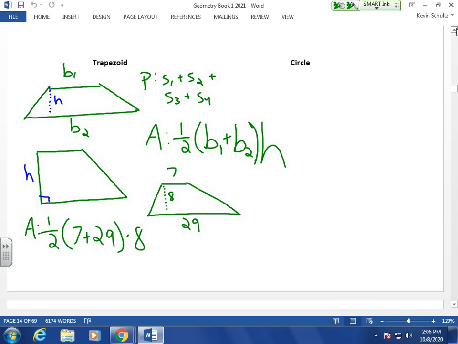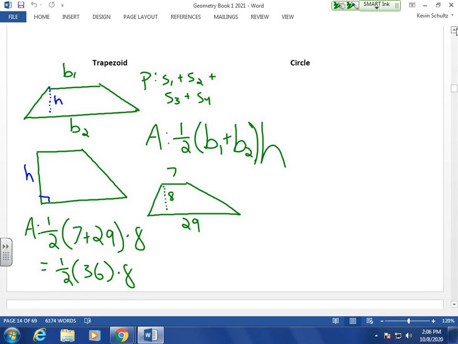All right? 1/2 times the sum of the bases times the height, which, simplifying this a little bit, would equal 1/2 times 36 times 8.